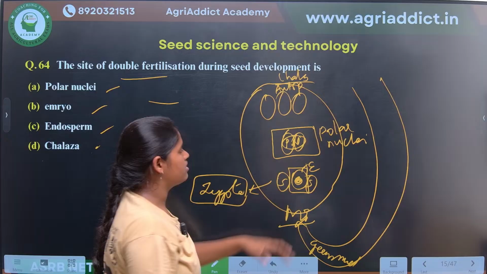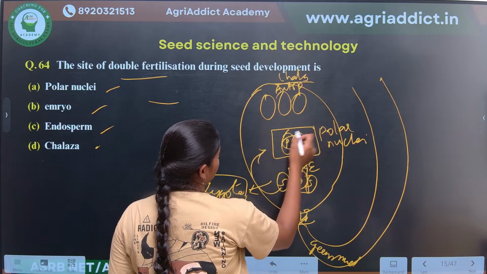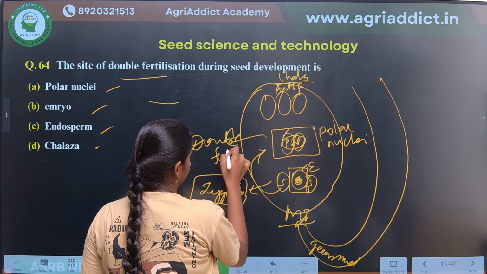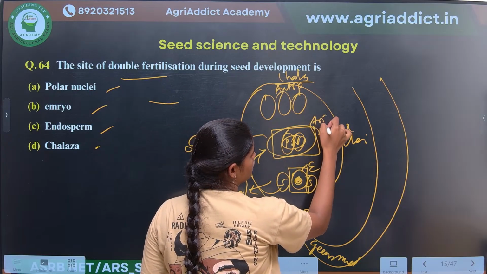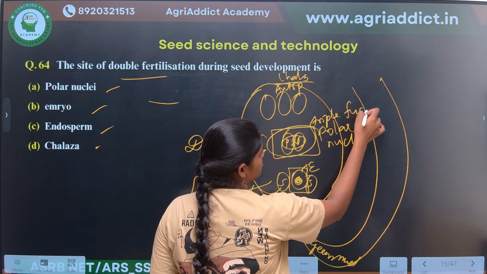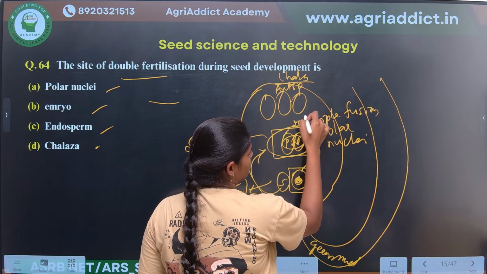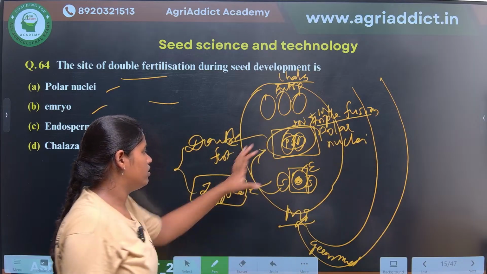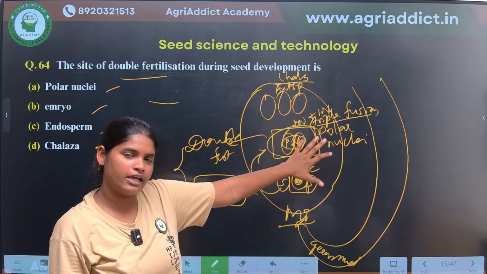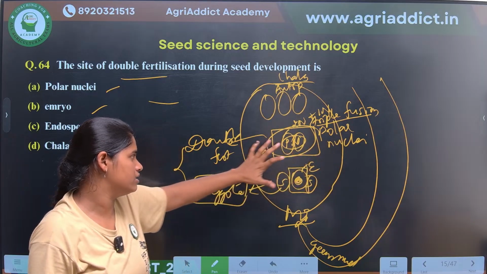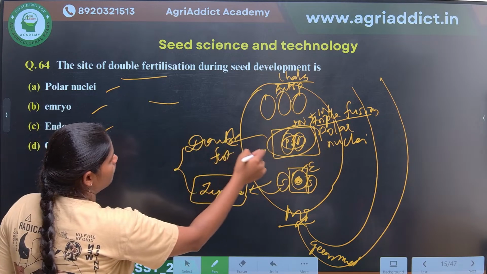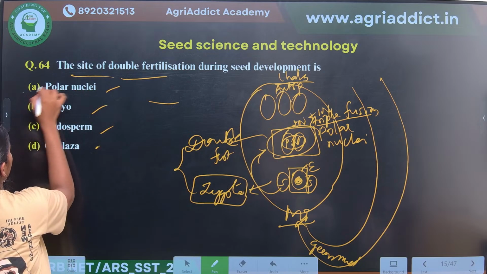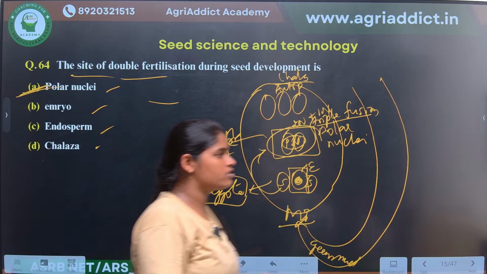But since it is also fusing with the polar nuclei, we call it double fertilization, and this is called triple fusion, right? Two nuclei fusing with one nucleus is called triple fusion, and since two fertilization processes are taking place, it is called double fertilization. So where exactly the site of double fertilization is: polar nuclei. Understood?